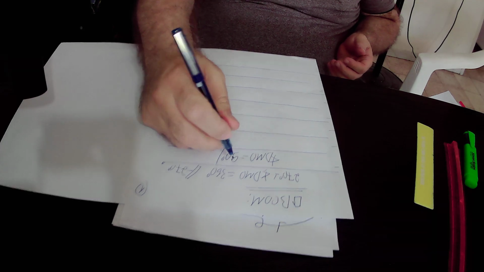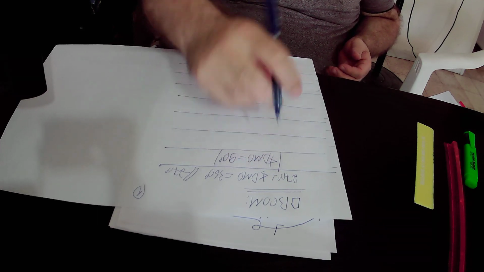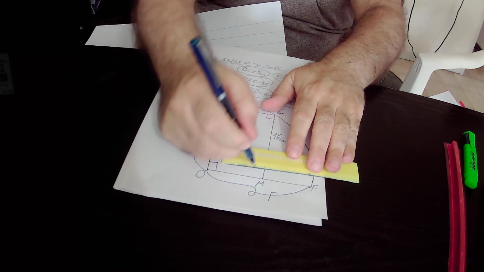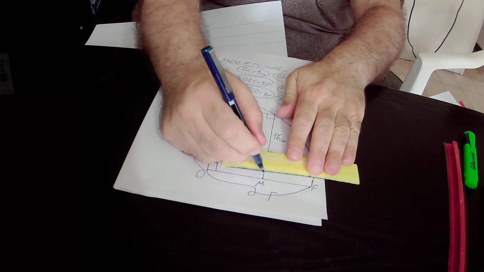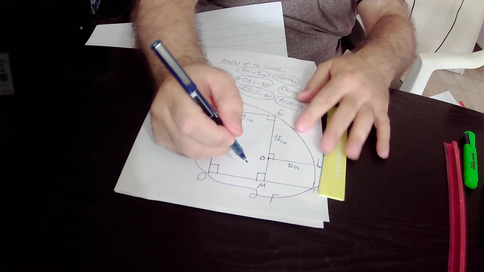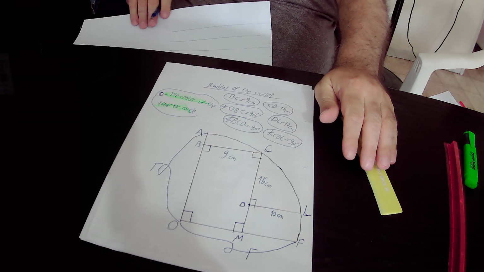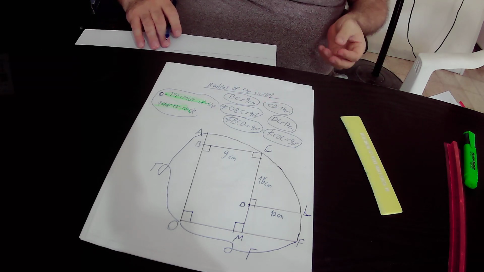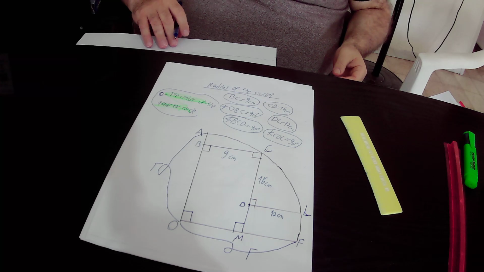So the missing angle is a right angle. So we found that inside quadrilateral BCOM we have 4 right angles.